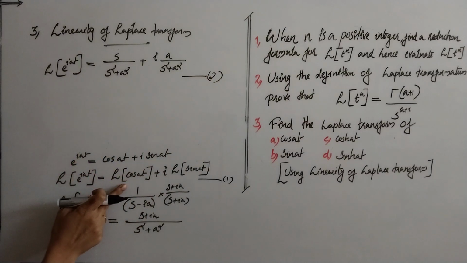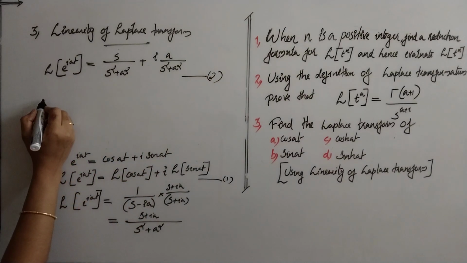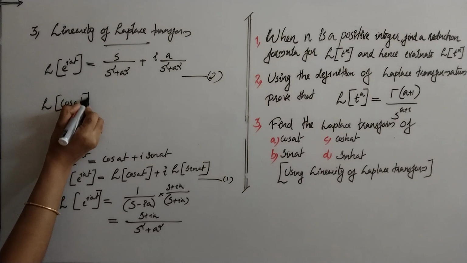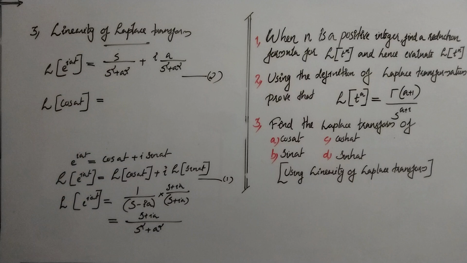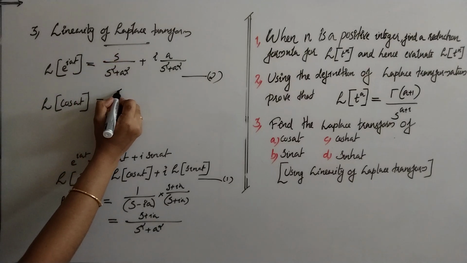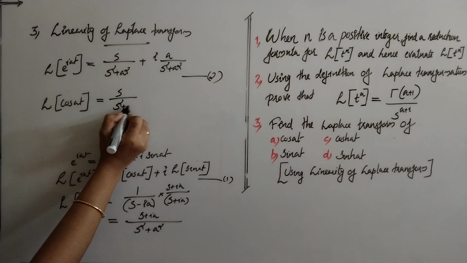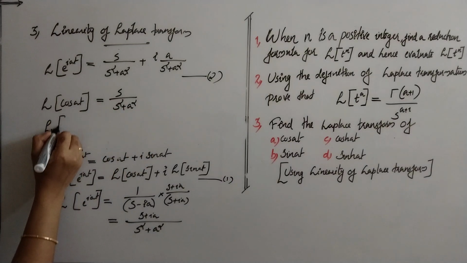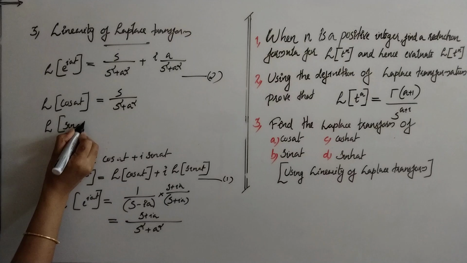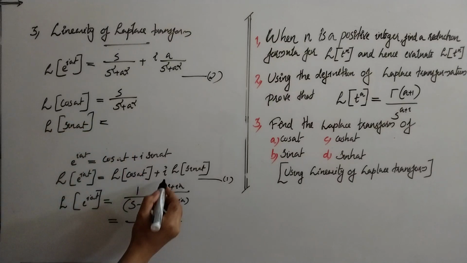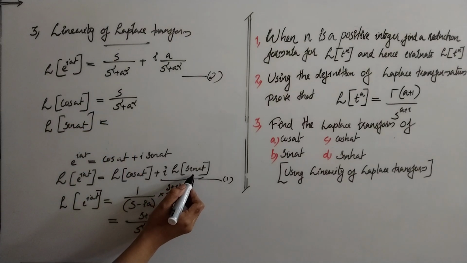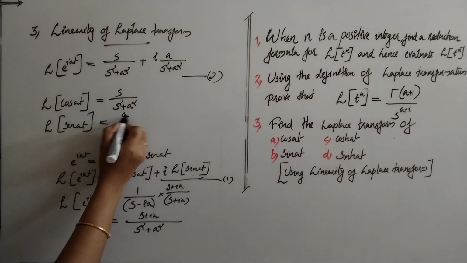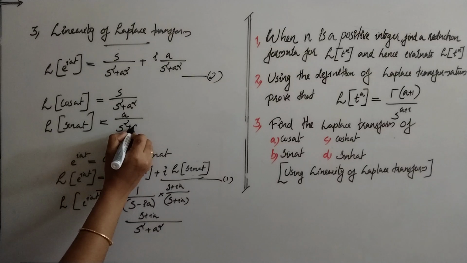Laplace transform of cos at is equal to what? s divided by s square plus a square, and here i into the Laplace transform of sin at is what? i into a by s square plus a square.